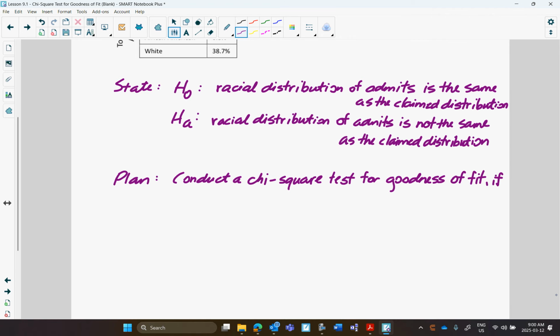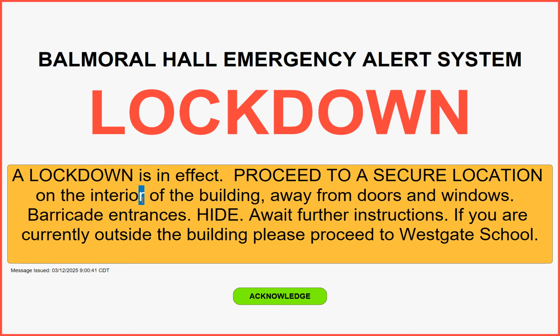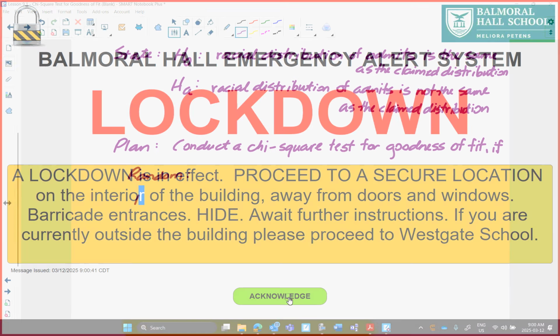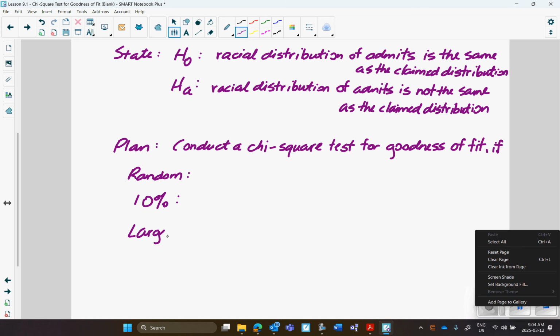Okay? So random again. So random, 10%. And like proportions, large counts, not large sample.